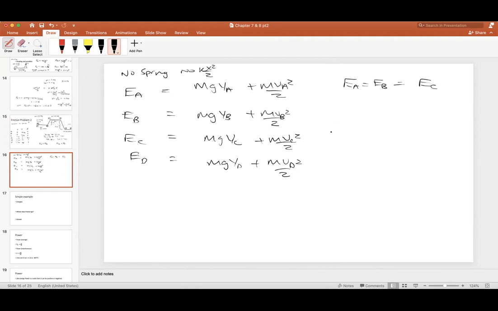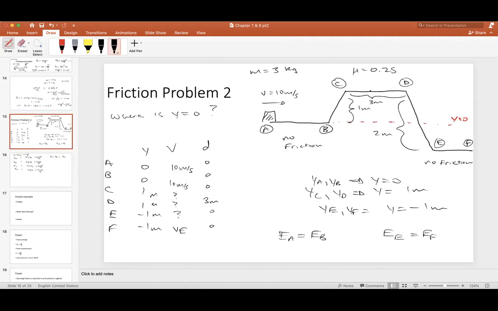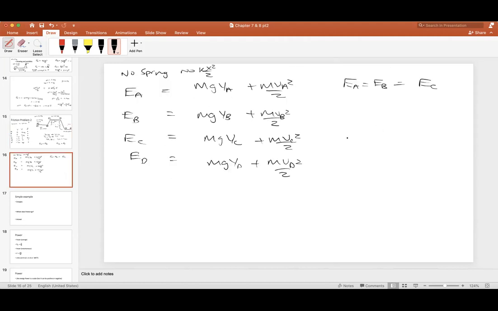But between C and D, we lose energy to friction, right? So there's some work done by friction between C and D. And therefore, we have EC and ED. And again, you can either add the work of friction to ED or subtract it from EC. I'm going to actually subtract it because I want ED later on.